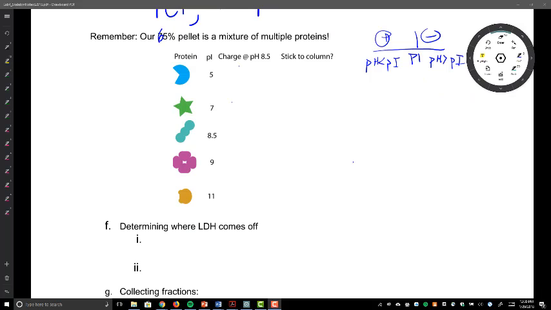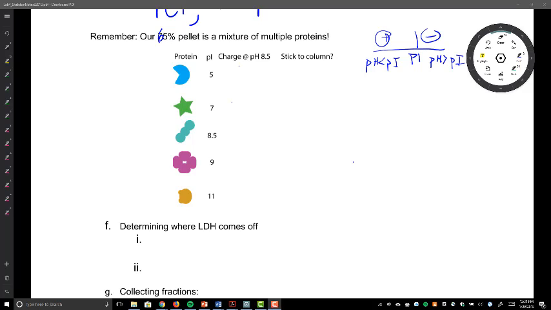All right, so let's look at a hypothetical mixture of proteins, because all throughout our purification process until theoretically the last step, our mixture is going to contain lots of different proteins that come from a cow heart. Let's take a minute and figure out which of these theoretical proteins would stick to the column and which ones wouldn't. So if you want, go ahead and pause the video and give it a try, and then click back when you're ready.